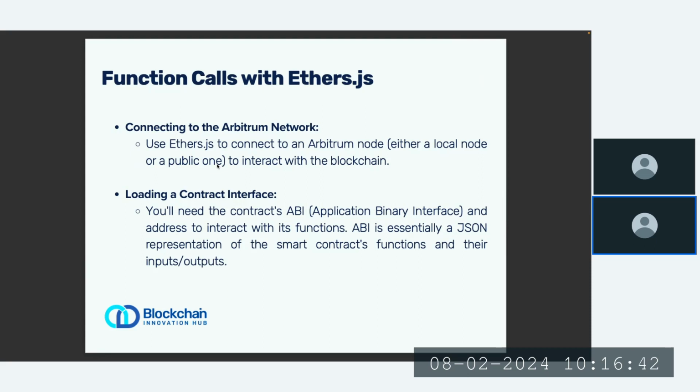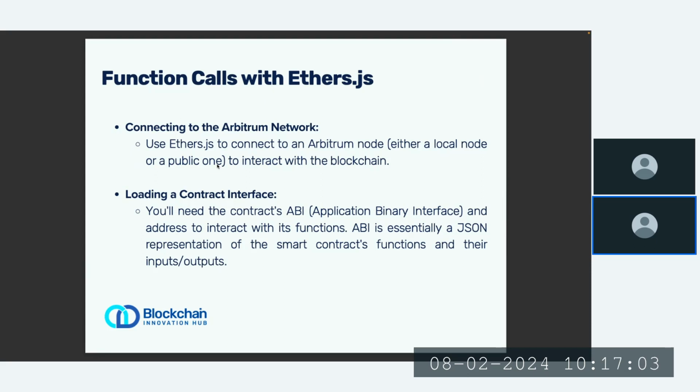By now, you should know how to make use of Ethers.js to connect to the Arbitrum network, making use of providers and signers. We did that in the last class, so this point should be understood by us.